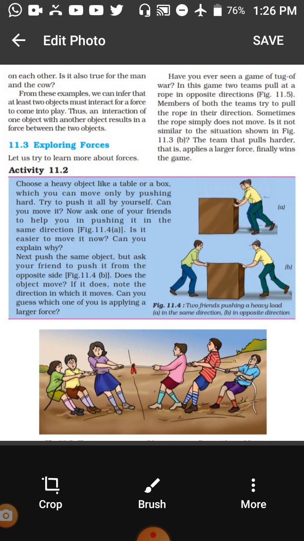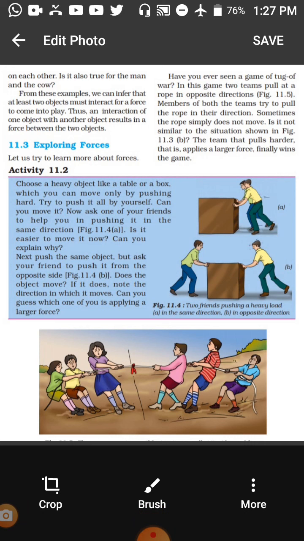In the second picture, two boys are pushing the same box. One is pushing from the right side, another is pushing from the left side. Now again in the second situation, two things can occur. If the boy on the right side applies more force, then the box may move from right to left. And if the left side boy applies more force, then the box may move from left to right.